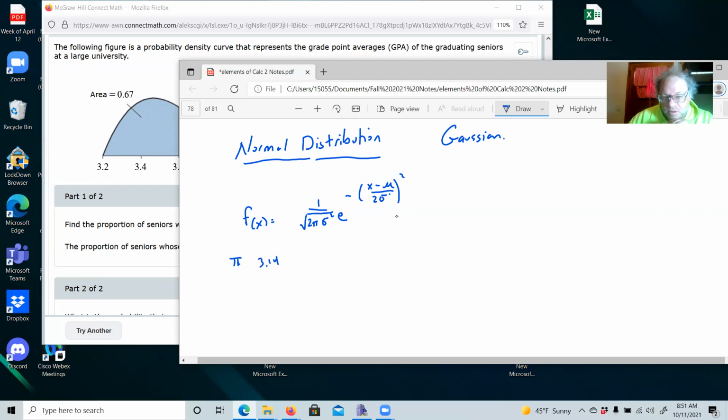You know, 3.1415 dot dot dot. You've met this one before. Sigma is a standard deviation. We could calculate this, but it will often be given to us. And x is the value of what we're looking for.